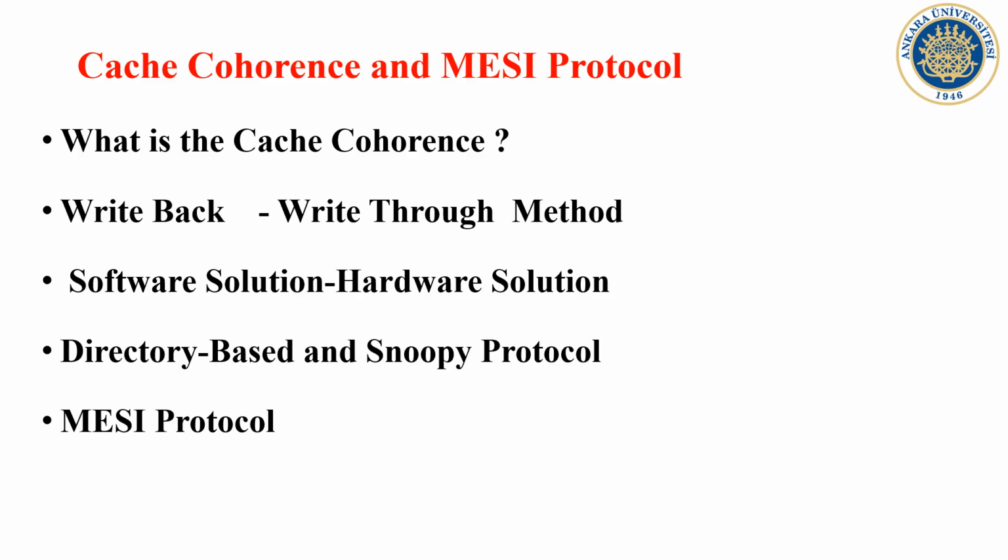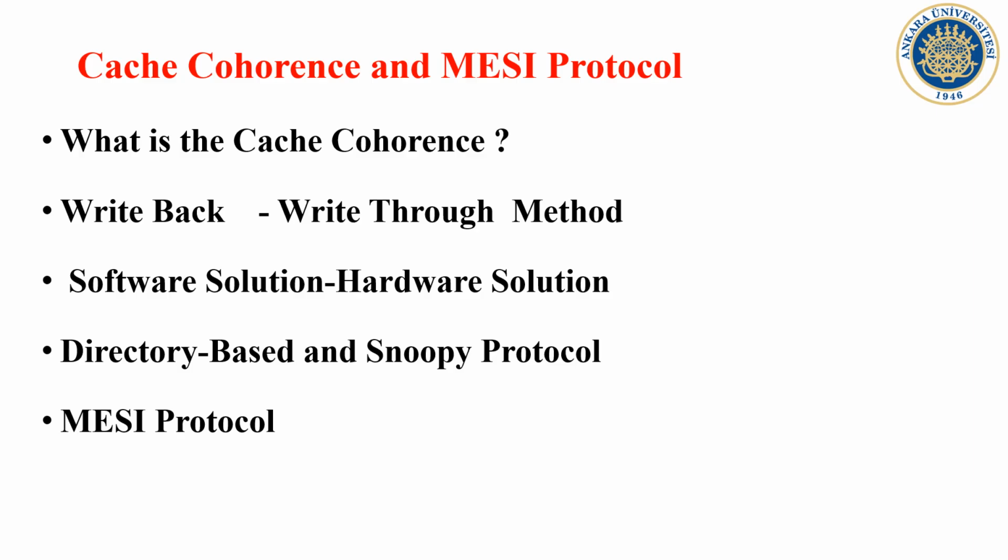This problem is known as cache coherence. There are two main write policies, write back and write through. In the write back policy, when a write occurs, only the cache is updated and main memory is updated later, when the cache line is evicted or requested by another processor. This improves performance but makes coherence management more complex.